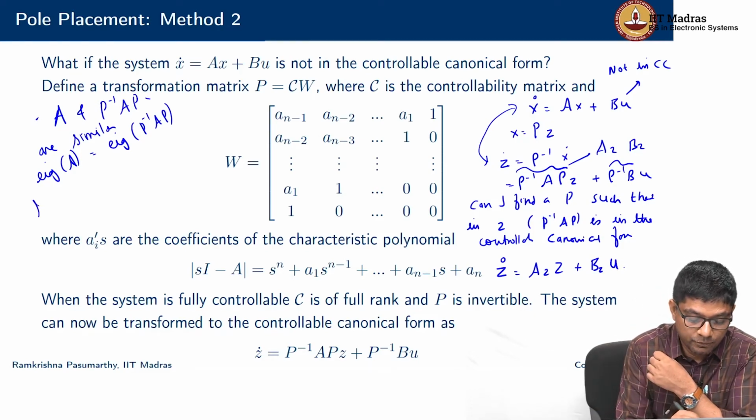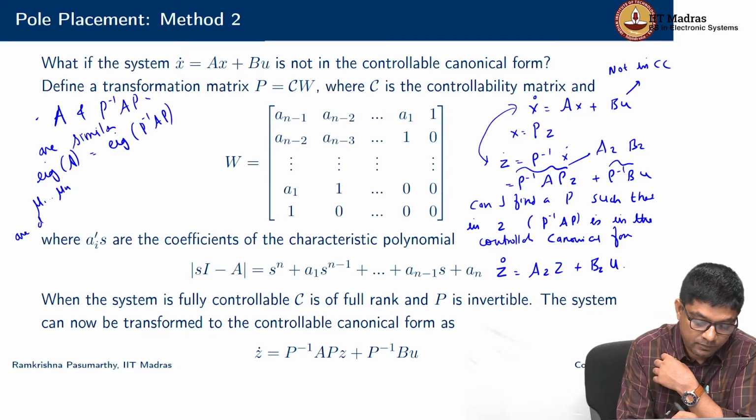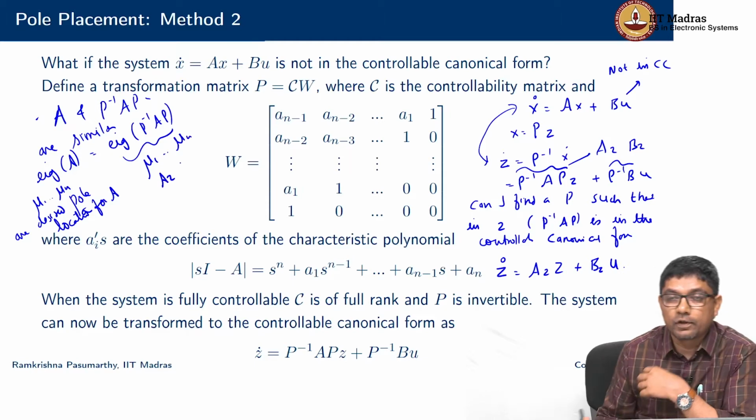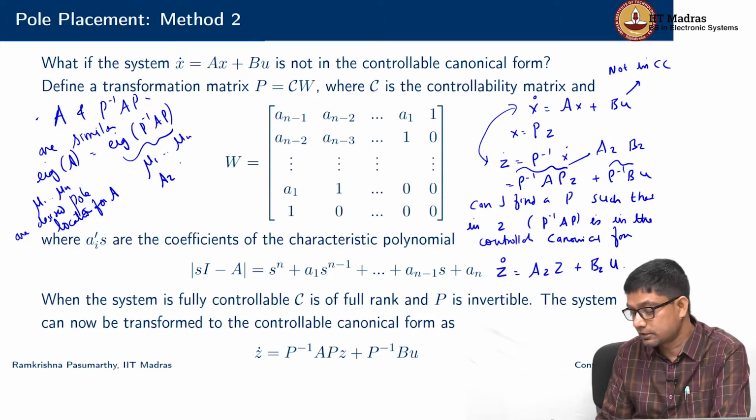So, if mu 1 till mu n are desired pole locations for A in the x coordinates, they will be the same here. Mu 1 till mu n will be the desired pole locations for Az also.